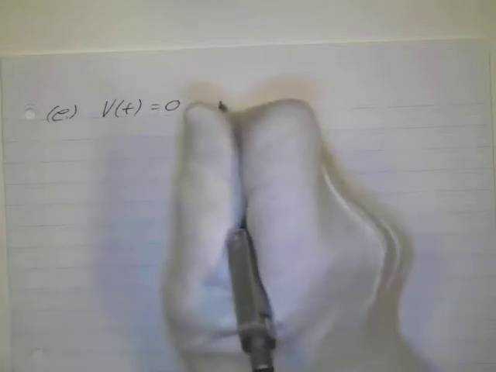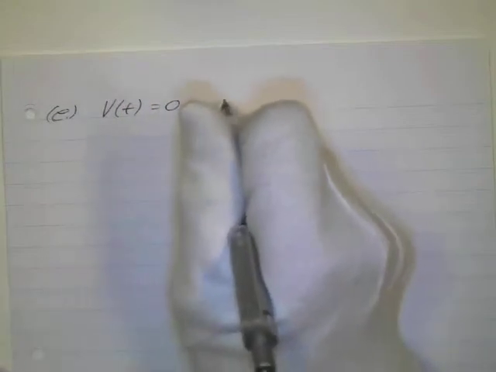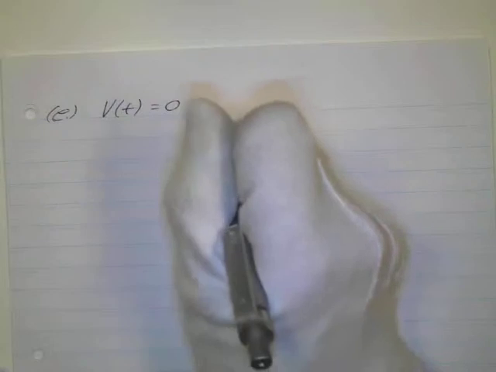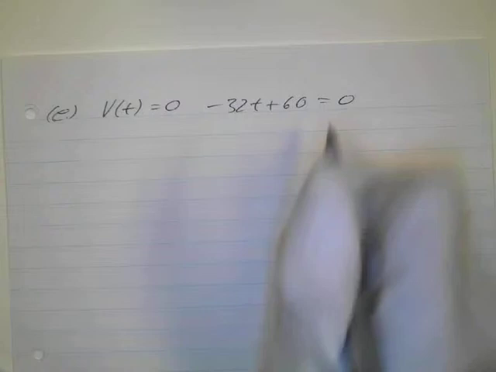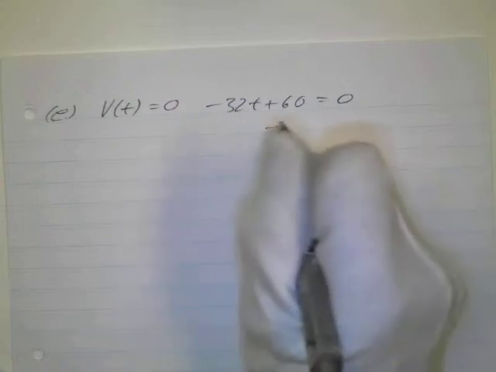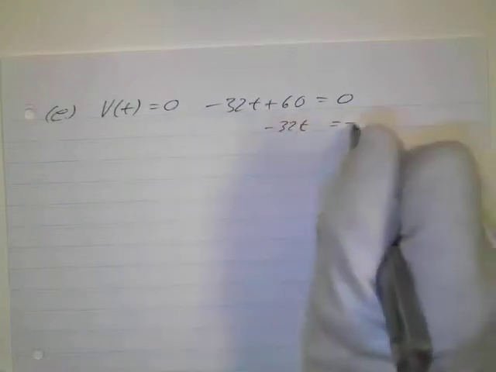And the last one, letter E. At what value or values of t does the particle change direction? Well, that's going to be when my velocity is equal to 0. So my velocity was negative 32t plus 60 equals 0. If I subtract 60, I've got negative 32t equals negative 60.